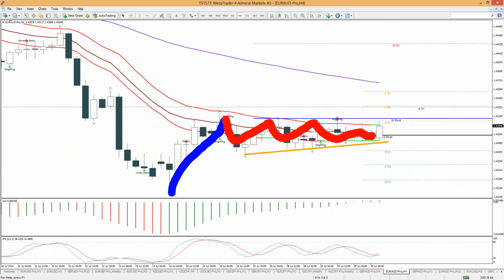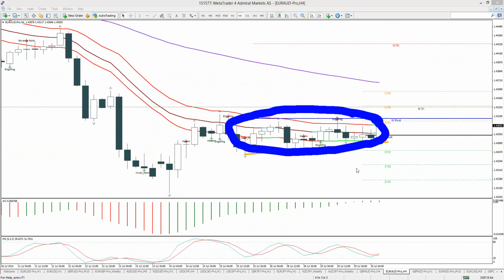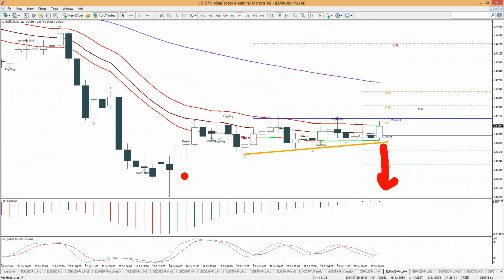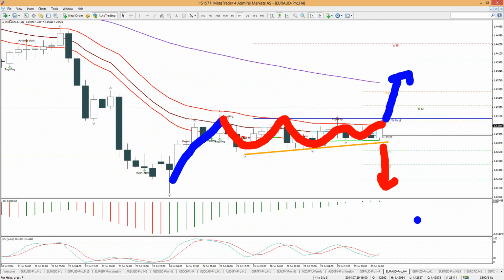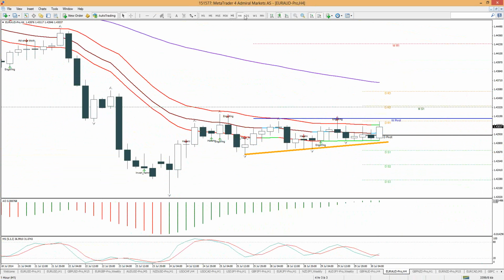It's a bit of a vulnerable spot at the moment. So instead of taking anything in this mess, I would rather wait for the breakout. So this candle is going to be pretty important.